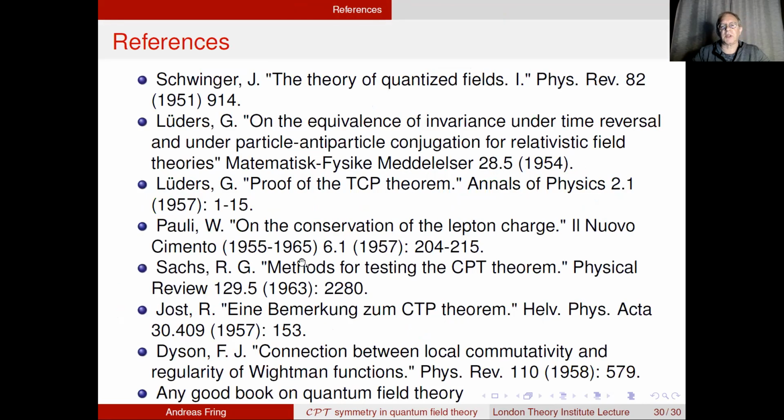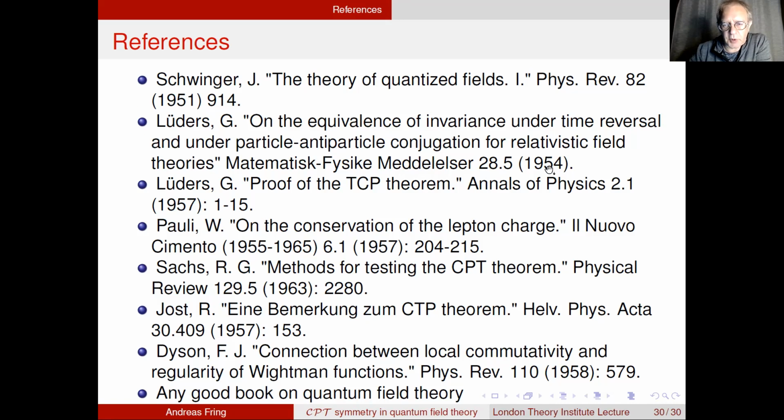Okay, that was my short lecture on CPT symmetry. I will conclude with some references. Some of them are already mentioned, so I just go over them very briefly. So this is the first paper by Schwinger, where CPT appears indirectly for the first time.